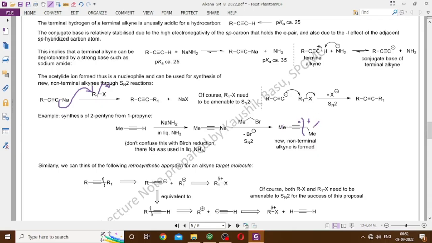Synthons are idealized charged fragments which show the polarity of the reagents, but they are not necessarily the intermediates involved in the reaction, because the anion that you derive, the sodium salt from the propyne, will be a strong base as well as a strong nucleophile. You don't expect methyl bromide or ethyl bromide to undergo ionization in this reaction medium to give you the ethyl cation.